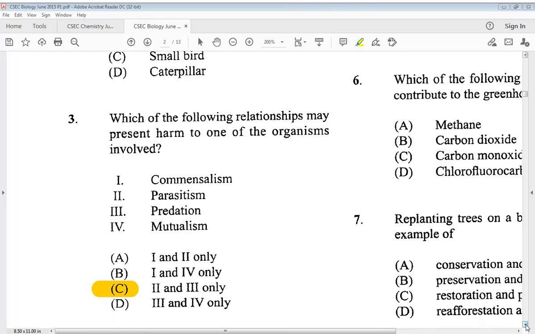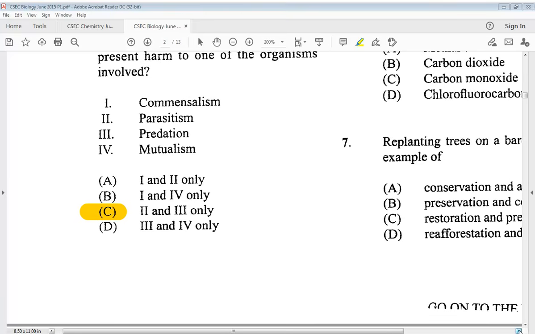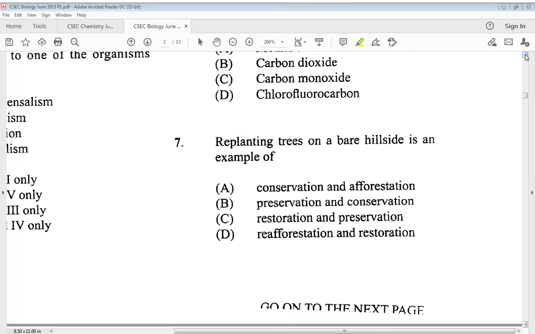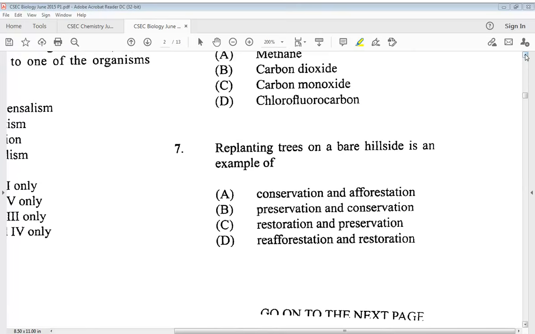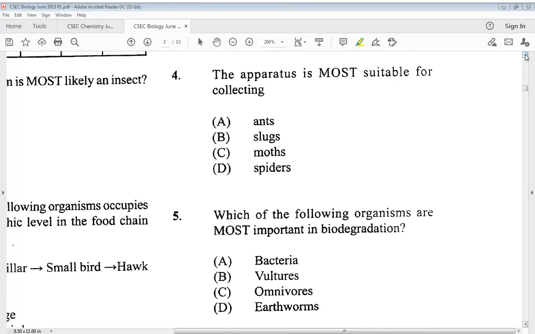Let's go on to number 4. Question number 4 says, the apparatus is most suitable for collecting A, ants, B, slugs, C, moths, or D, spiders.